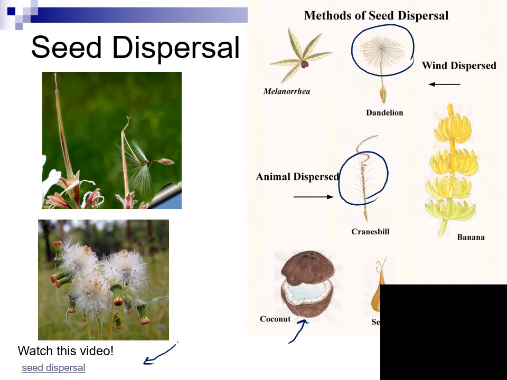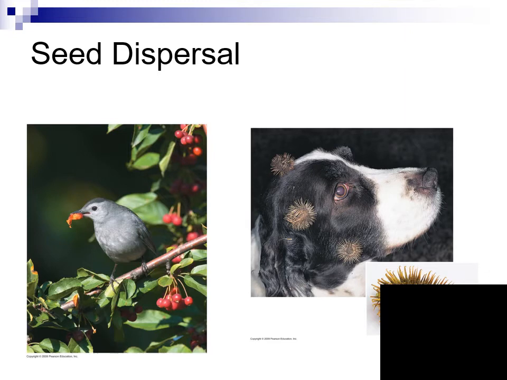And so if you've got coconut trees growing close to the coast, the coconuts may fall into the ocean, float down a little ways, end up somewhere else on the coast, or maybe float over to another island, and when they wash up, they germinate and they grow a new coconut tree. Okay, so lots of ways for seed dispersal.